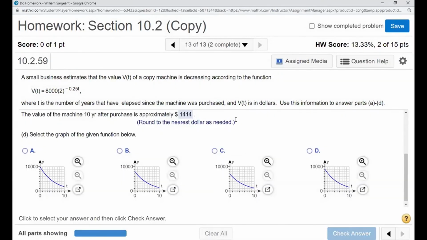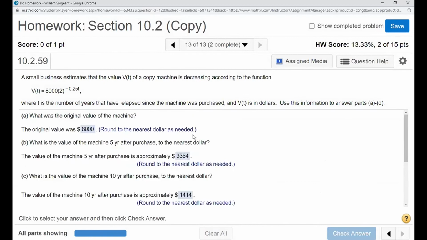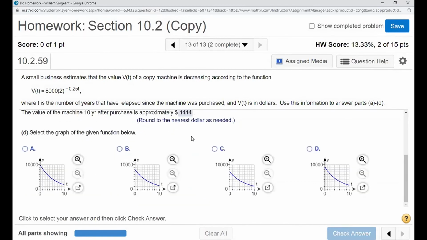And the last part. All of these seem to show some exponential functions that are decreasing as time increases, but we want to make sure we have an initial value of 8,000. And this one, part A, is starting out at 10,000, as well as what we have in part D. So it seems to be down to, if we're going by thousands, 2,000, 3,000, 4,000, 5,000, 6,000, 7,000, 8,000, 9,000, 10,000.